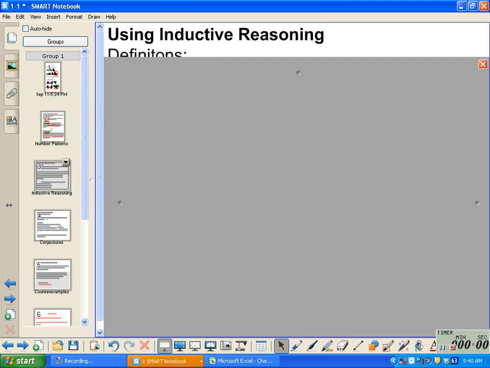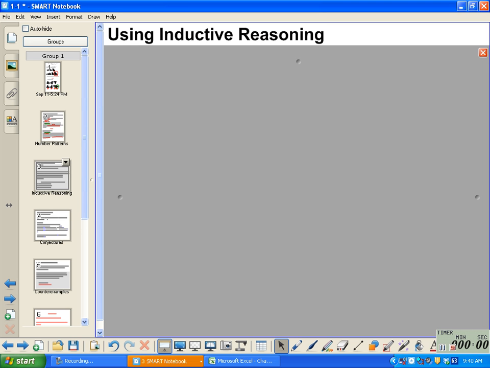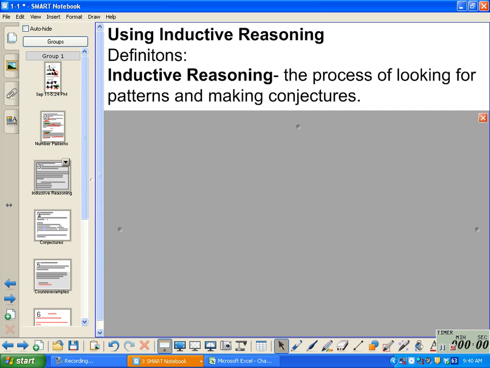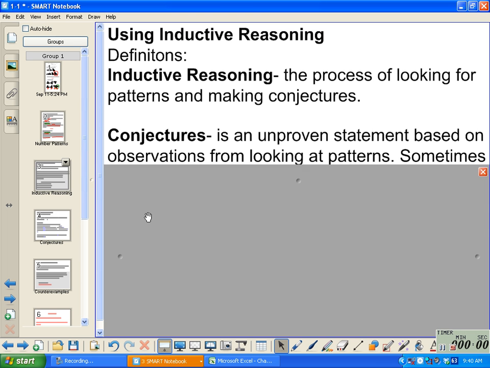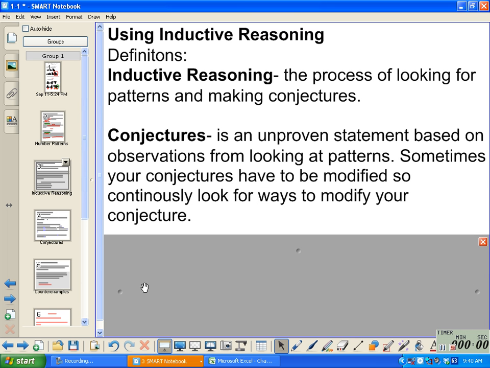All right. This chapter looks at inductive reasoning. In inductive reasoning, you have to do a couple of things. First of all, to begin, we're going to jump down just a little bit further and look at conjectures. What conjectures are is kind of like in science.